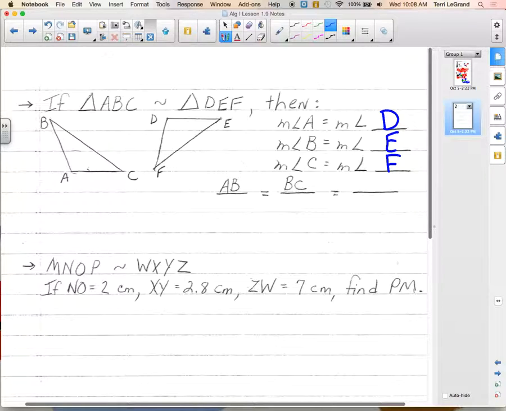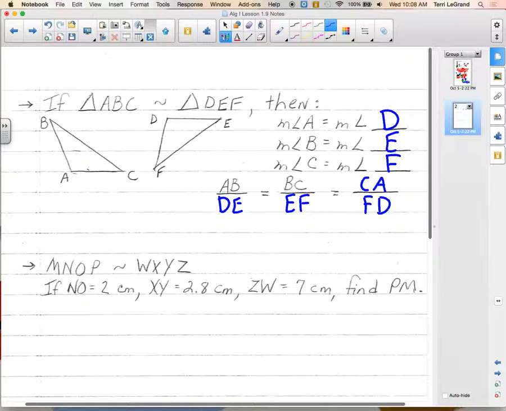So what side does AB correspond with? DE. What side does BC correspond with? EF. And what does that leave for us? What other set of sides do we set up a corresponding side relationship with? CA corresponds with FD.